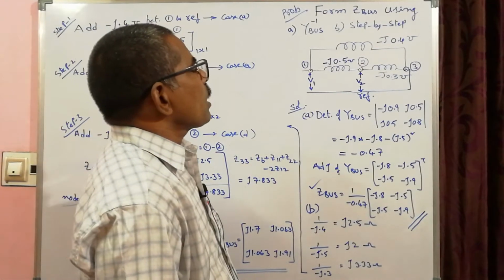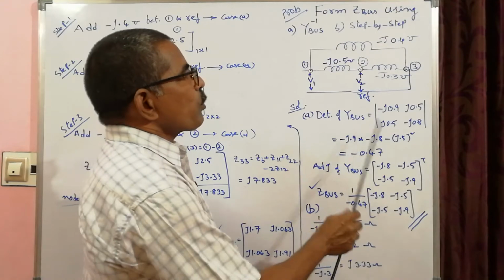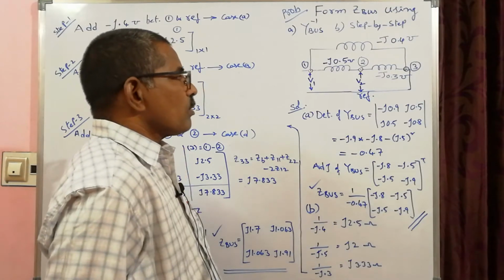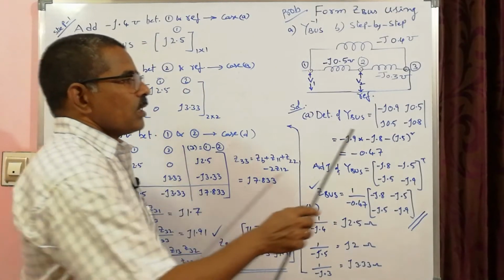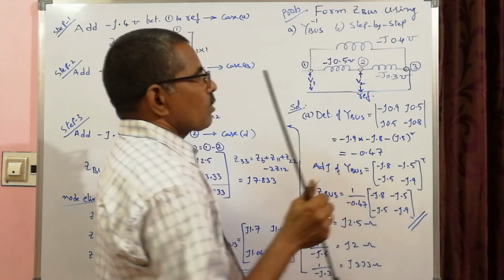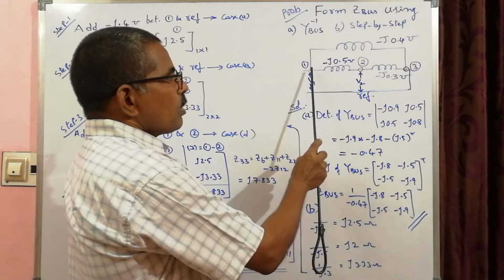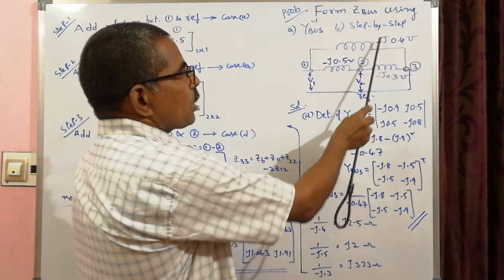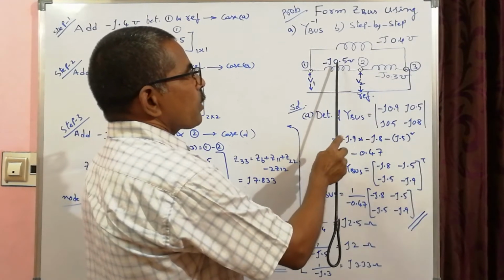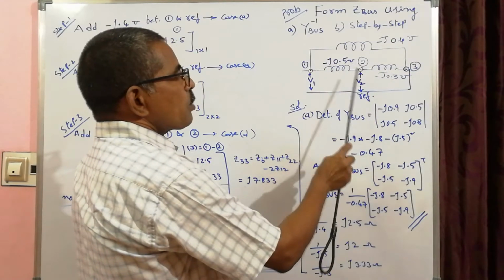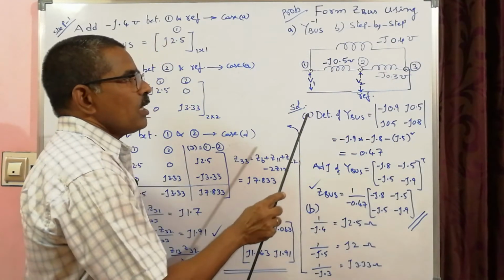Now, what is the determinant of Y bus? So, you know Y bus is this, where the third bus is reference. So, for buses 1 and 2, Y11 is the direct addition of minus J 0.4 and minus J 0.5, that is minus J 0.9.